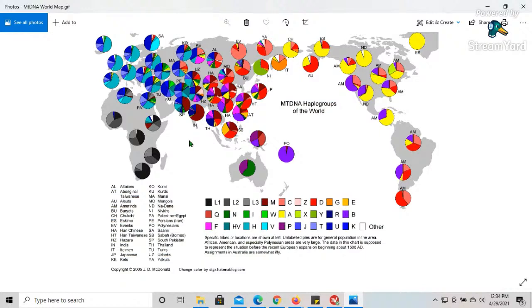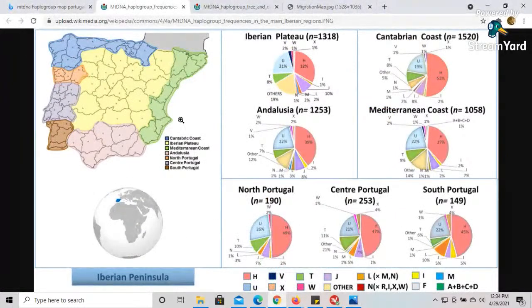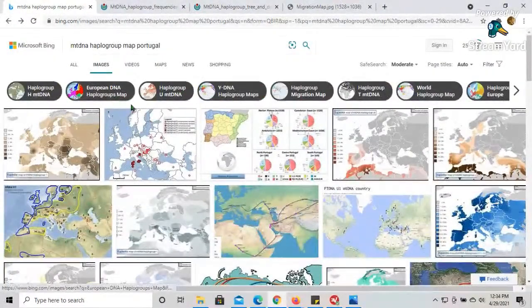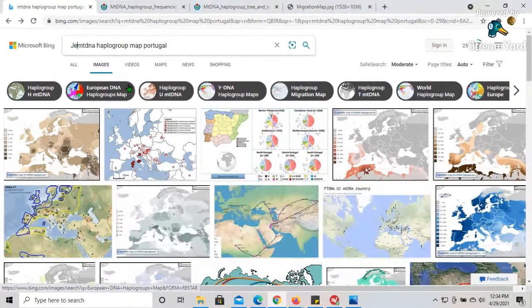But anyways, what I need to do now is go back over here and find a pie chart of the Jewish mitochondrial DNA to make a comparison.